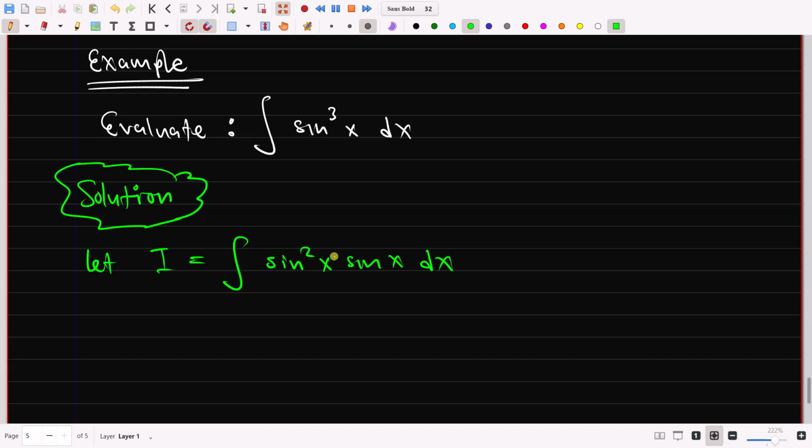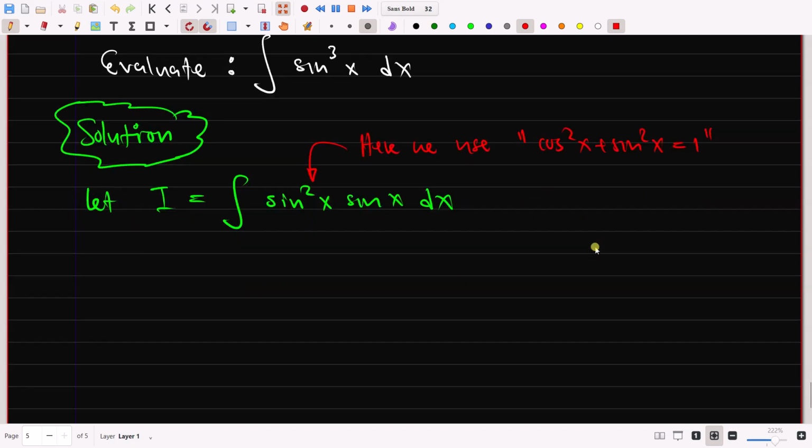So I'll get the integral of 1 minus cos squared x, times sine x, dx. Then I expand the bracket out, and I get sine x minus cos squared x sine x, dx.